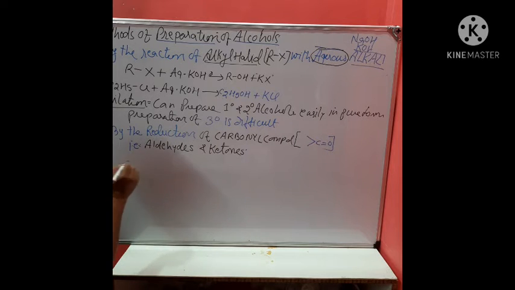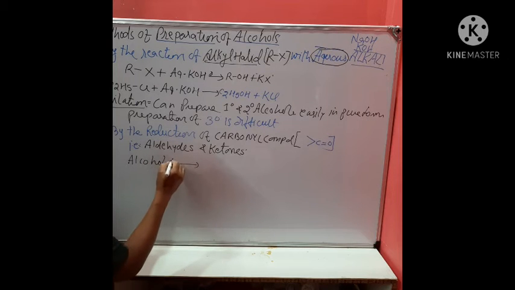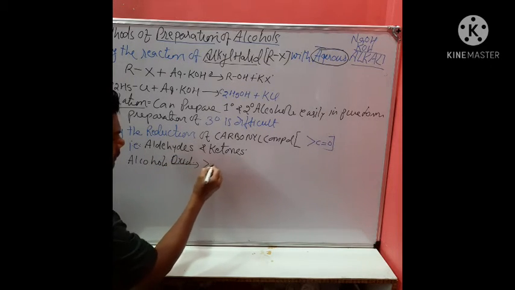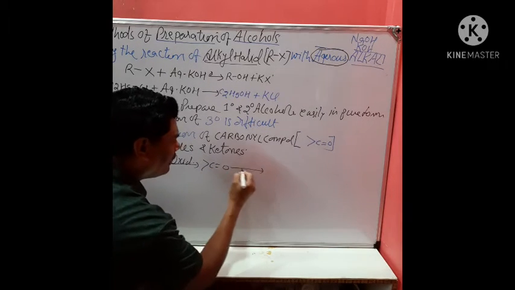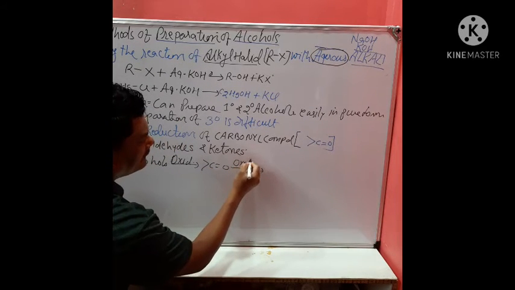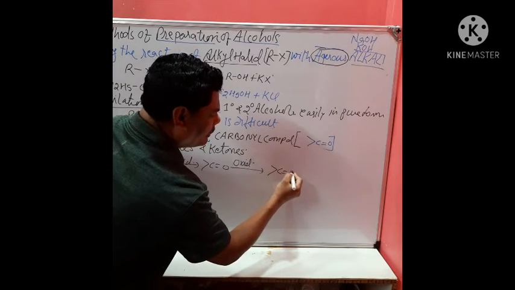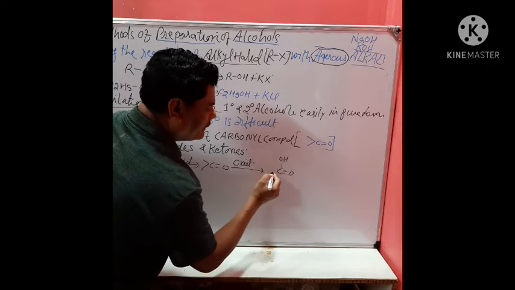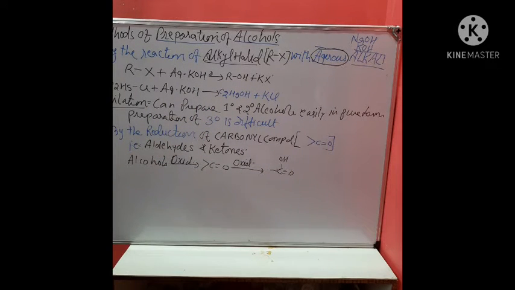Students, there is a very simple phenomenon which you have to learn. Alcohols on oxidation form carbonyl compounds, which on further oxidation form C double bond O OH, that is carboxylic acid.